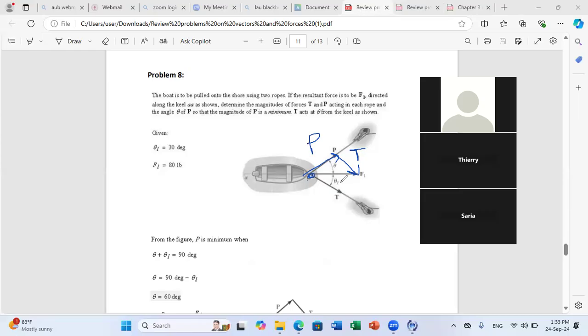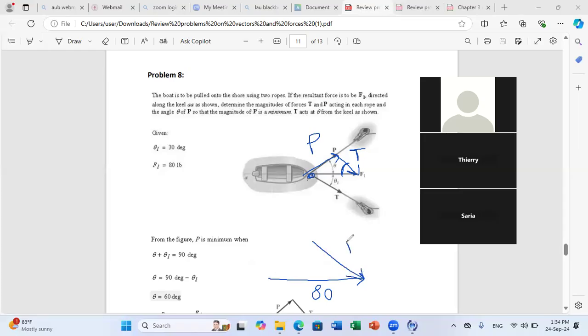Let's go step by step together. In the first part, they want P to be minimum, right? Yes. If I draw the triangle again a bit bigger, this is the magnitude F1. I know it's equal to 80. The angle theta 1 is this one, so T will be 80.